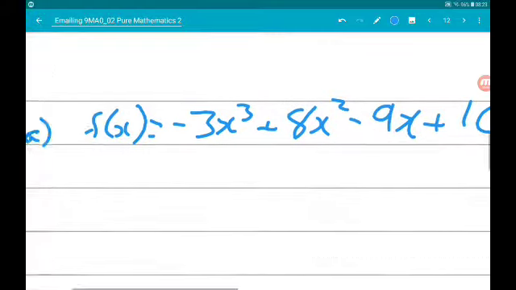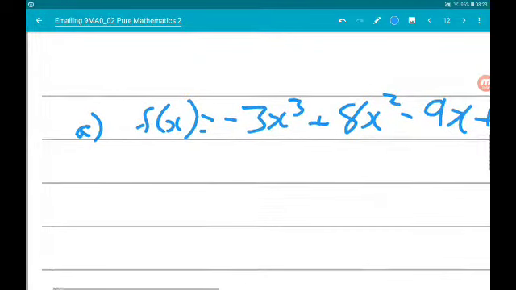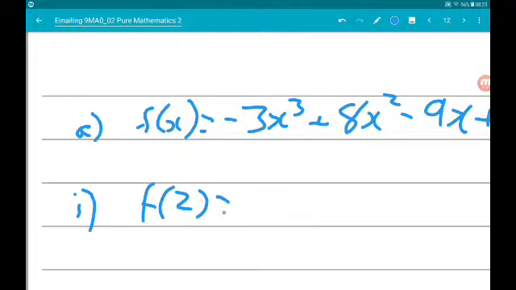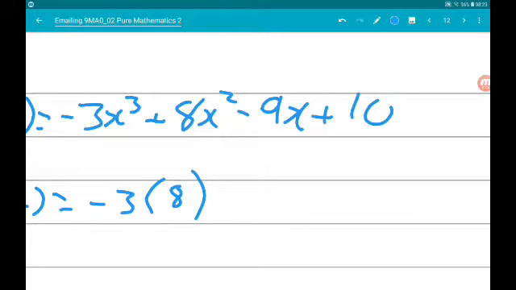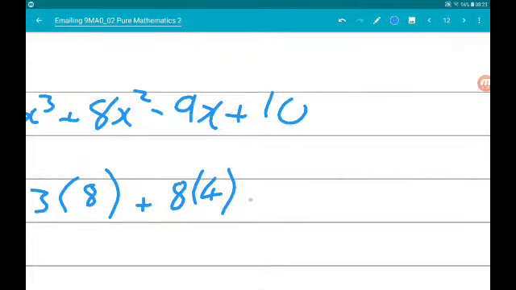Okay, so f of 2 just means we substitute in x equals 2. So we're going to get minus 3 lots of 8, add 8 lots of 4, minus 9 lots of 2, add 10.